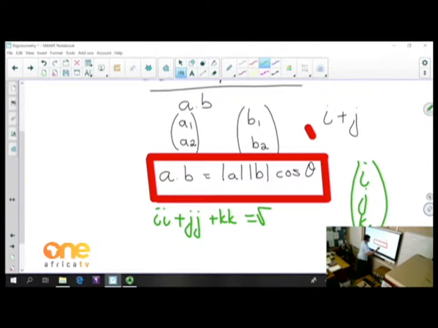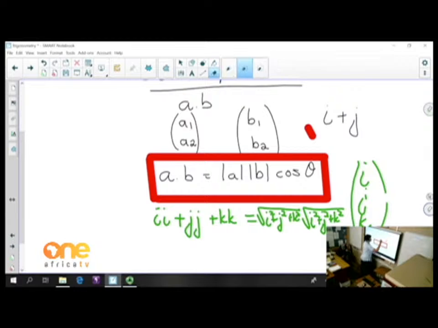Then you have magnitude A. Now the magnitude is the length of your one vector, your first vector, which is then I squared plus J squared plus K squared. Then we multiply it with a second vector, so it is also I squared plus J squared plus K squared.